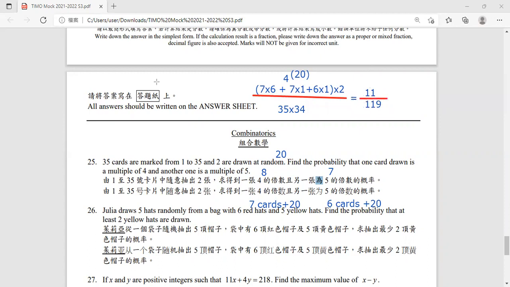The one stands for you have drawn the 20. Okay. Any questions?